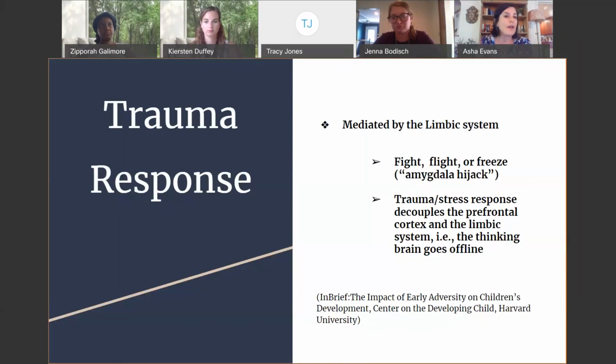Now, when you have toxic stress, you have cortisol in the brain, swimming in cortisol for a prolonged period of time, and studies have shown that that results in disruption of brain circuits. It's noteworthy too that children's brains are particularly susceptible to chronic stress or the stress response.